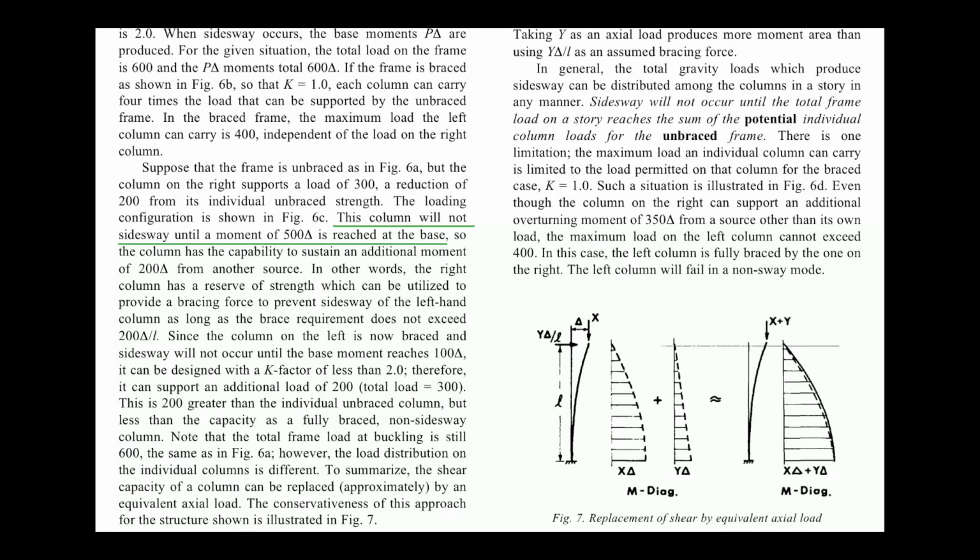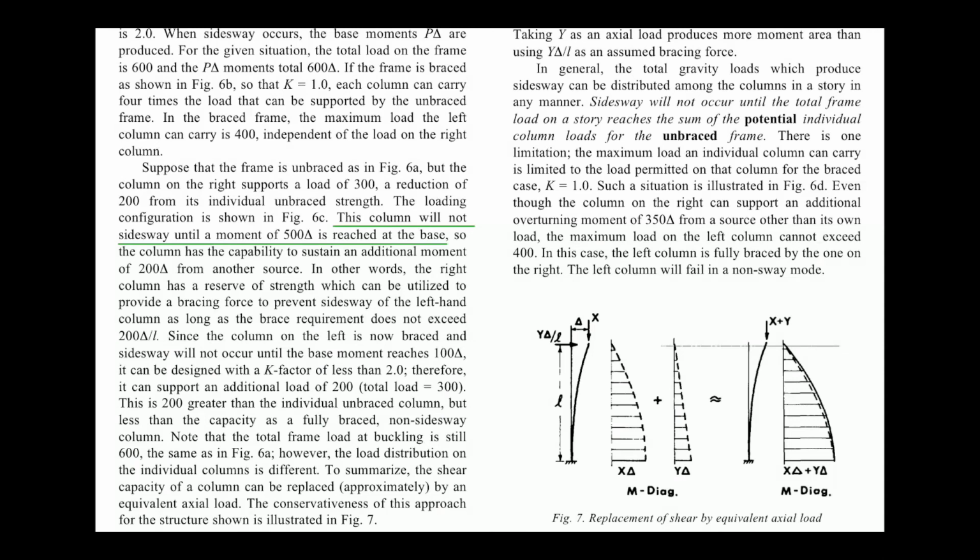So the total capacity is not met yet, and it will withstand until the 500 is reached. So the column has the capability to sustain an additional moment of 200 delta, I mean for the left-hand side, from another source. In other words, the right column has a reserve of strength which can be utilized to provide bracing force.